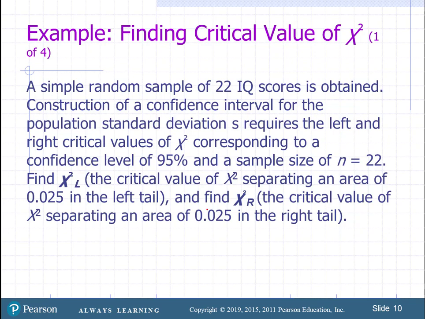Now, why would we do something like this? Well, we want to know about the sample variance. So if the sample has a variance that is close to the population variance, the value of chi-squared will be close to the number of degrees of freedom because it's a ratio.